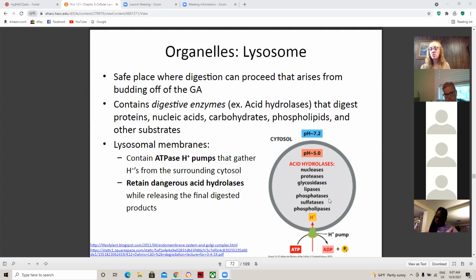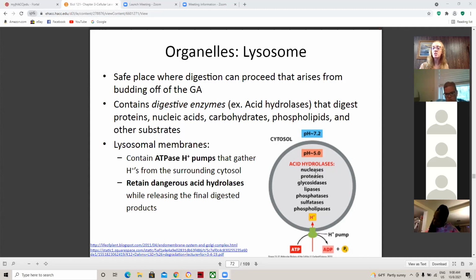The digestive enzymes within the lysosome are inactivated at an increased pH like 7.2. But at an optimum pH of 5.0, they break things down. And according to their name, you can determine what an enzyme does.